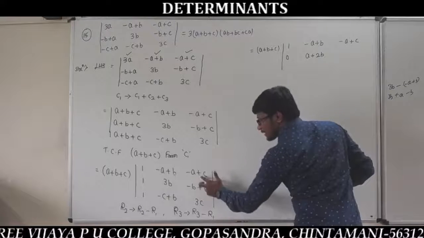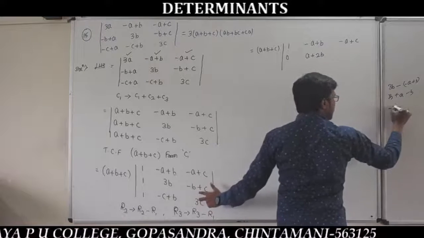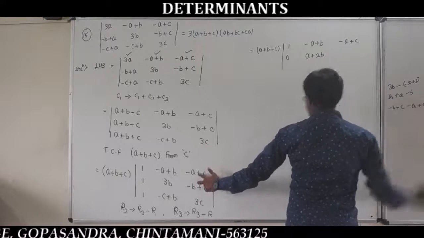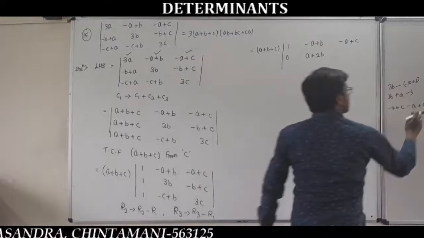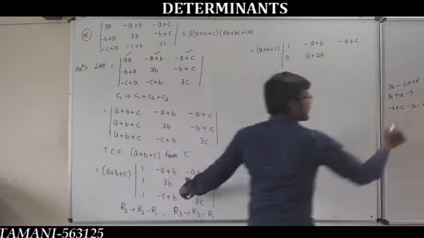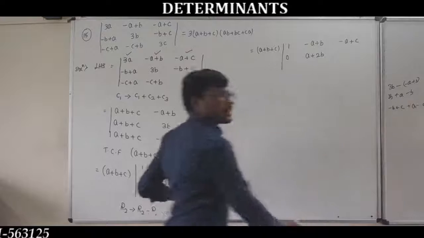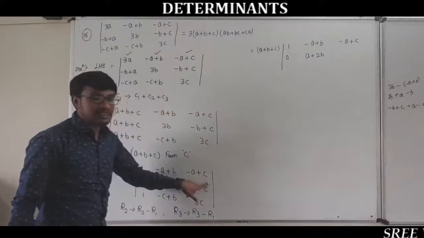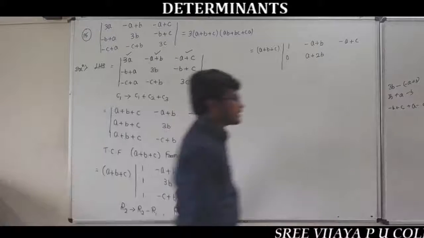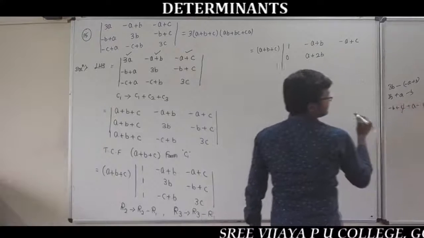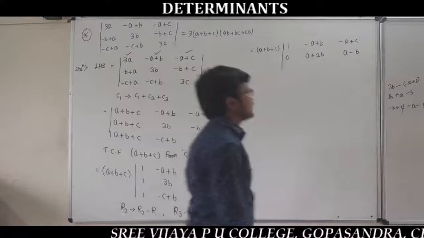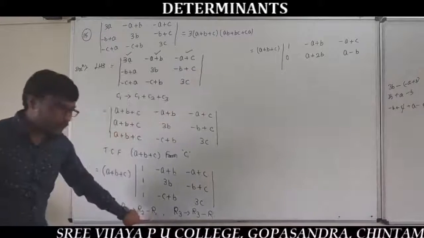Next, minus b plus c minus minus a plus c: minus of minus becomes plus a, minus c plus c cancels. What is remaining? Minus b plus a, or a minus b, both are the same. This is R2 minus R1.